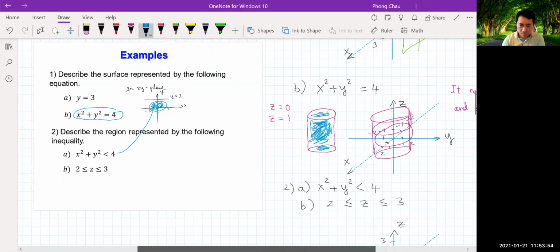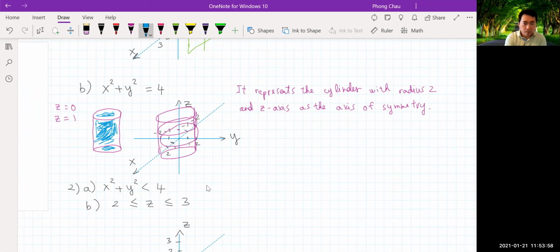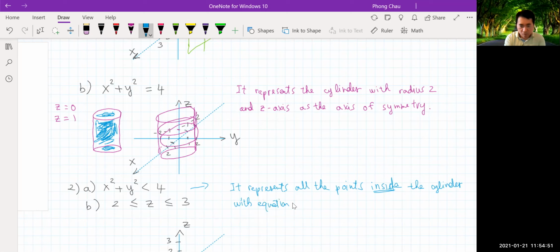Okay. So here for 2a, the answer is it represents all the points inside, strictly inside the cylinder with equation x squared plus y squared equal 4.